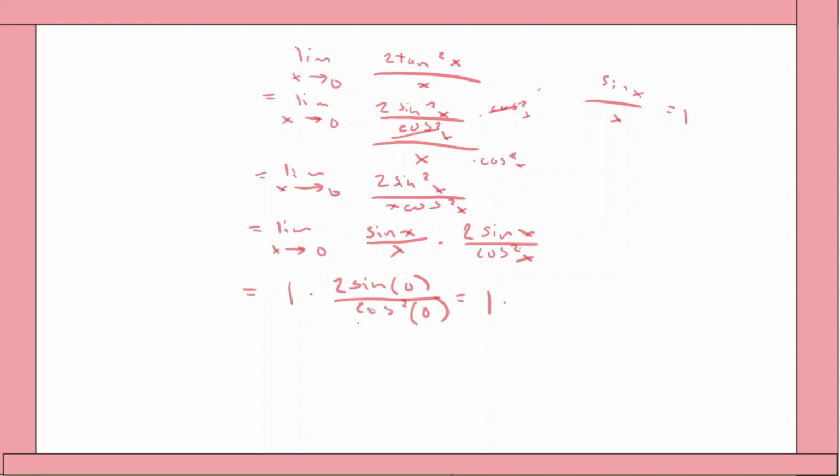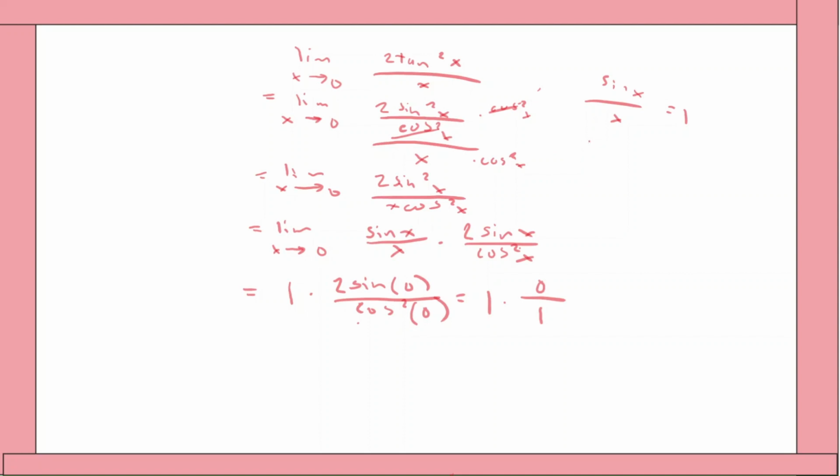What is sine of 0? Well, sine of 0 is just 0, and 2 times 0 is also 0. So we just have a 0 on top. How about cosine of 0? Well, cosine of 0 is 1, and 1 squared is just 1. So we actually just have 0 over 1. Now, is this a problem? No, because 0 over anything is 0.